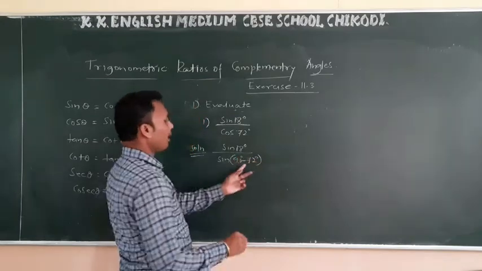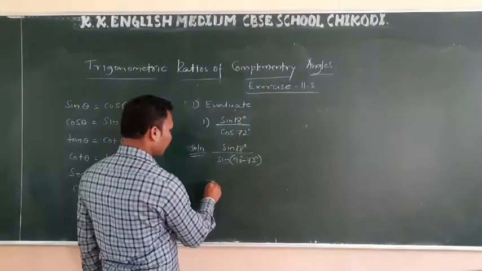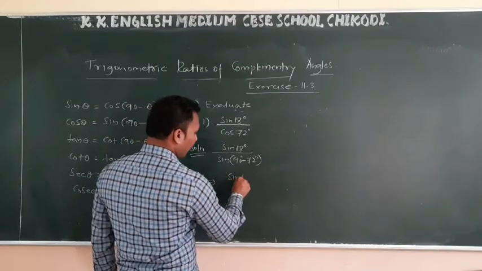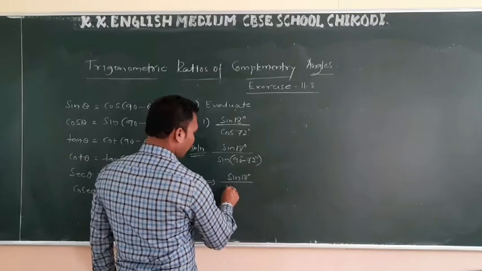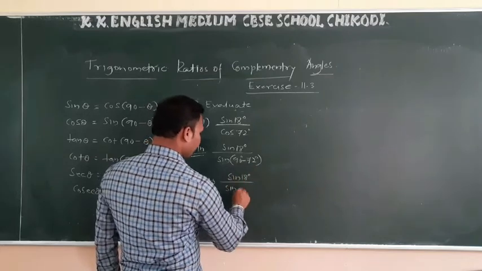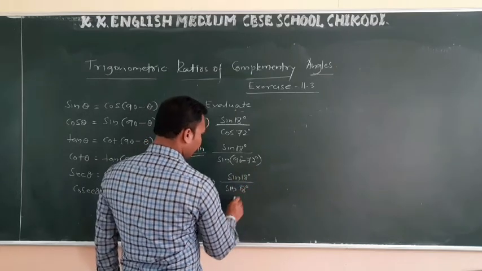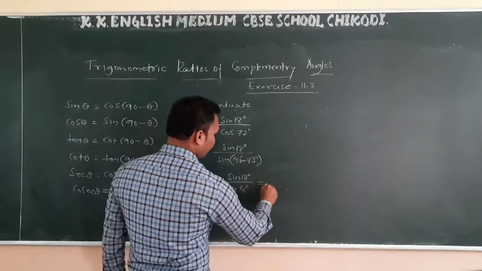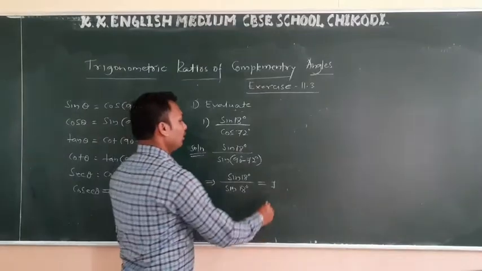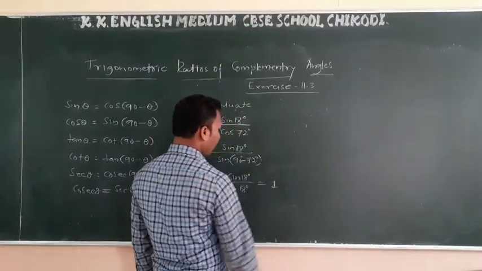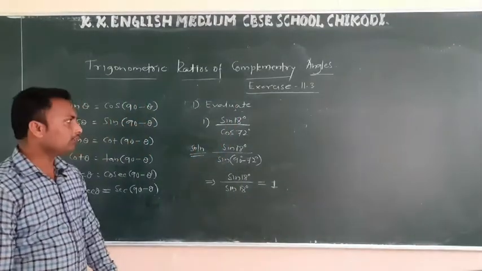This implies sine of 18 degree is divided by sine of 18 degree, since 90 minus 72 is 18 degree. Now both are equal, this cancels and the answer is 1. Sine of 18 degree by 18 degree, the answer is 1.